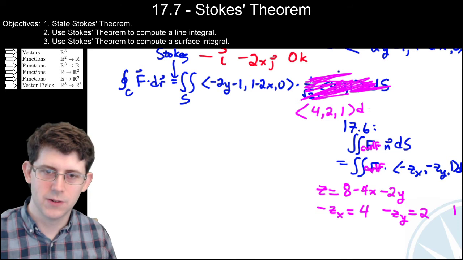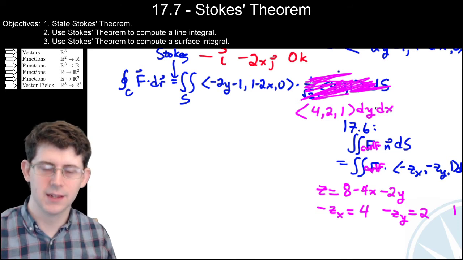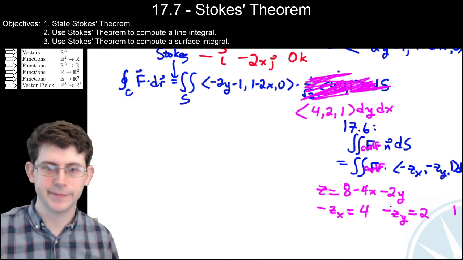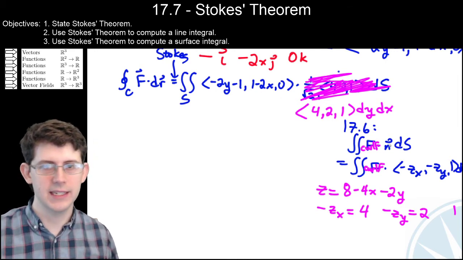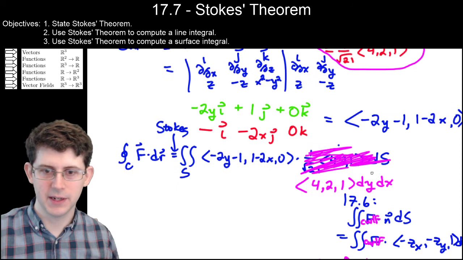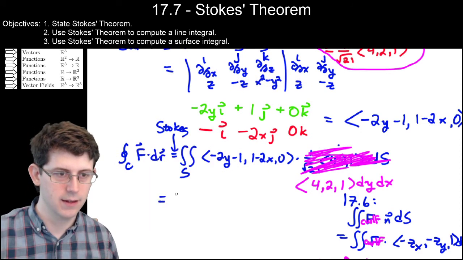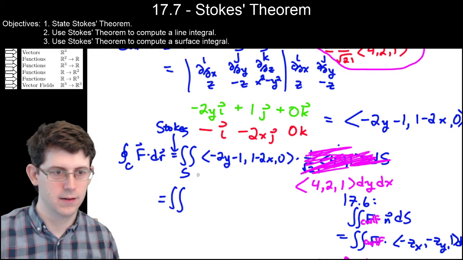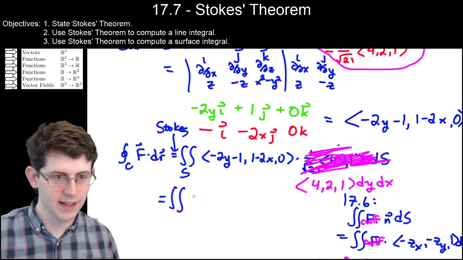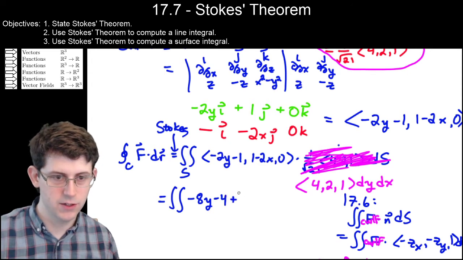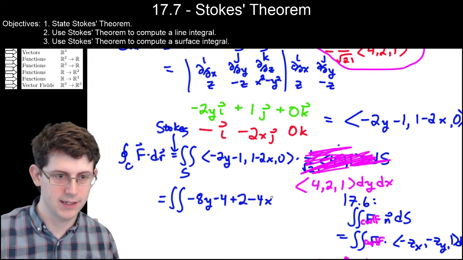So I guess the square root of 21 that I found was the part that was wasted. Okay, so I need to dot these together. I also am going to need to figure out what the bounds of my integral are. So dotting these together, I get minus 8y minus 4 plus 2 minus 4x. And this is all dy dx.